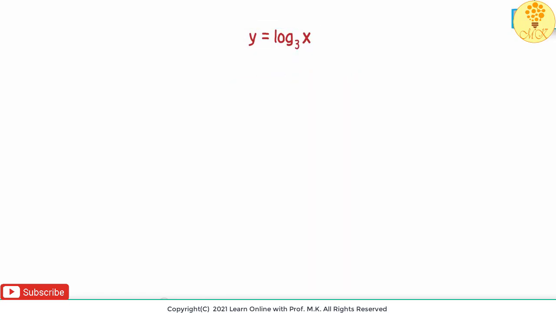In the exponential form, we can write it as 3 to the power y is equal to x. Now it's easier to plot the coordinates of this function. We can just assume values for y and get corresponding values of x. And remember, as they are the same functions essentially, the graphs of both the functions will also be the same. So even if we plot the graph of this function, it'll be the same as plotting the graph of the original one.